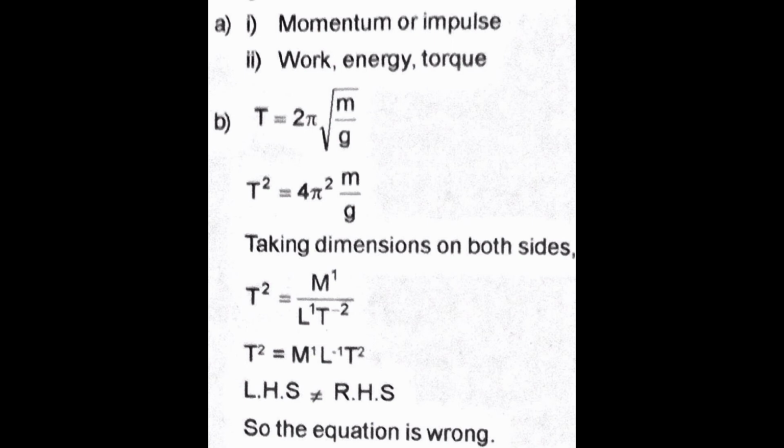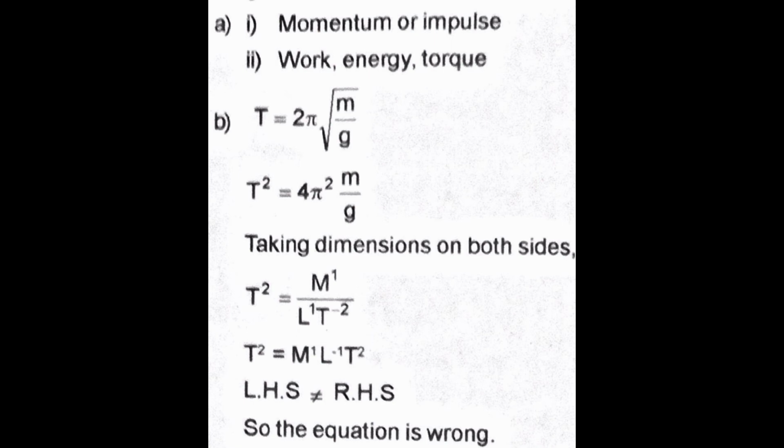Torque is moment of inertia into angular acceleration, so that will be M L^2 into M^0 L^0 T^-2. That is also M L^2 T^-2. So we can write that work, energy and torque are the physical quantities having the dimension M L^2 T^-2.